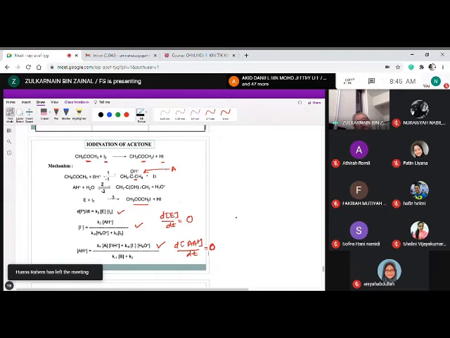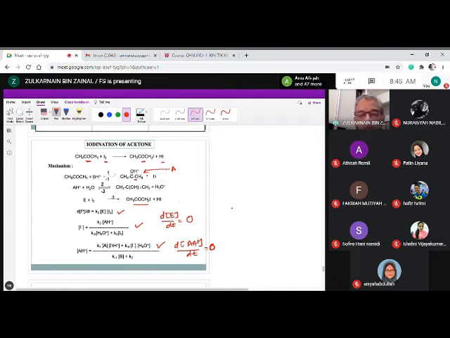Because in the steady state approach, the assumption is that the concentration of the intermediate will drop to a minimum level and remain constant after the initiation of the reaction. So the concentration of E will always be minimum and constant, meaning that the rate of change of E will always remain 0. That is for intermediates, so that's why we use what we call the steady state approach.